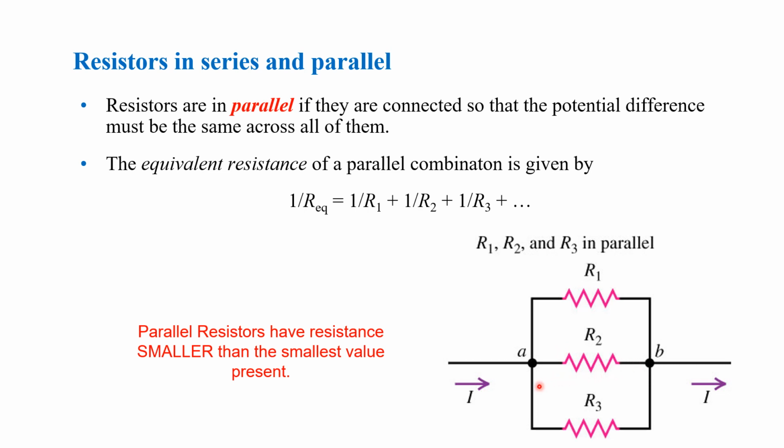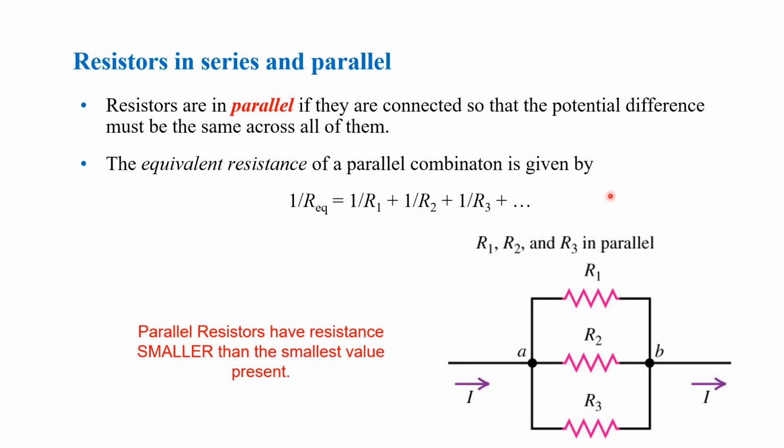Resistors are also in parallel if the current entering a junction can move in different directions. Let's say, for this current I here, it can move here, here, and also here. So these three resistors are in parallel. The equivalent resistance of a parallel combination is given by this equation: 1 over R equivalent is equal to 1 over R1 plus 1 over R2 plus 1 over R3, and so on.